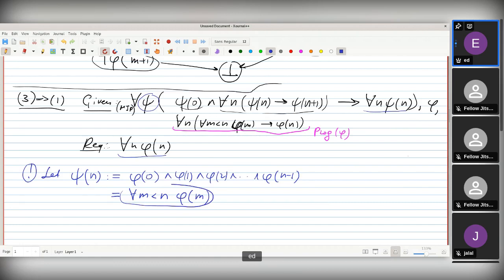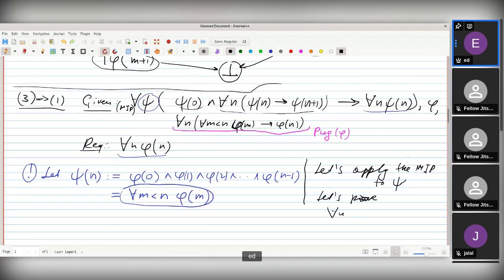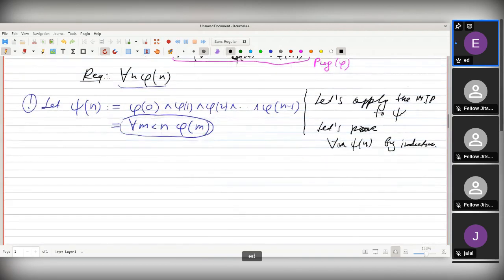This is our psi. Let us apply the mathematical induction principle to our psi. Let's prove for every n psi of n by induction.